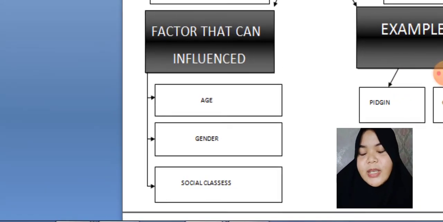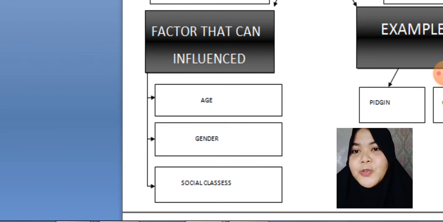Now let's go and see the factors that can influence language change, the changing of language. Well, the first one is age. Have you ever heard a baby or a toddler trying to talk? When they are learning to talk, they are changing a word to another one.